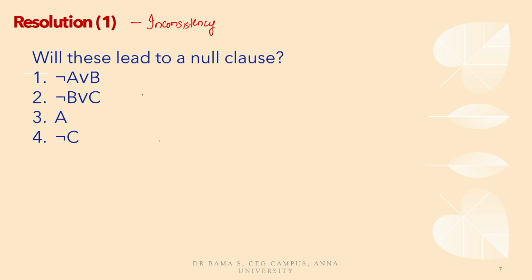If we see the first one, not A or B, and if we take the third one, A, not A and A will go away. So, we will get B, and this B we will take with 1 or 2. If we take 1, it is not going to work out. B has to cancel out with not B. So, we are taking 2 and not 1.